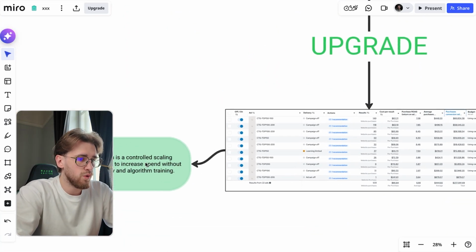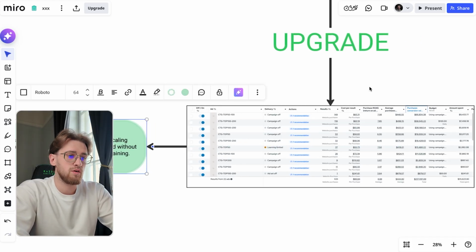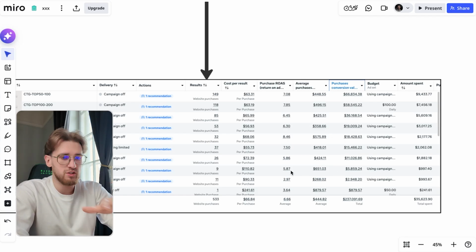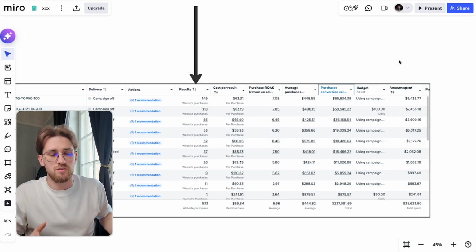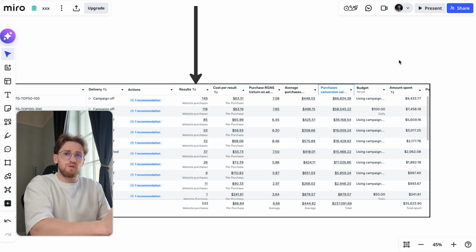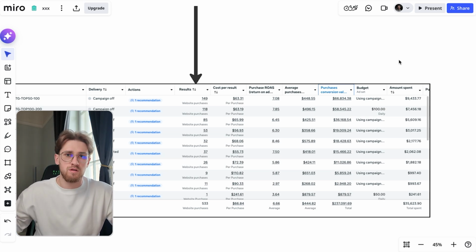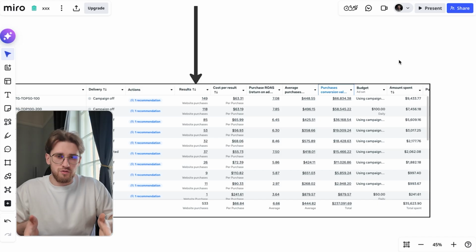What you can do is make other iterations of the same creative and spend a lot more money. If you work with, for example, one creative, you spend $100 a day on it. When you generate new concepts for the same creative and you make, for example, 10 of them, right now you can spend not $100 a day, you can spend $1,000 a day.